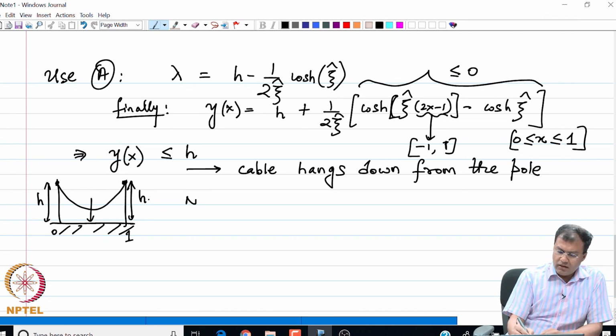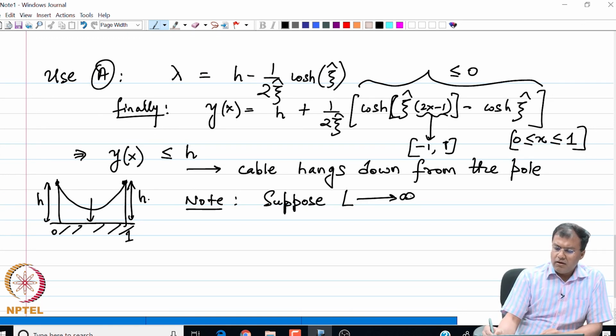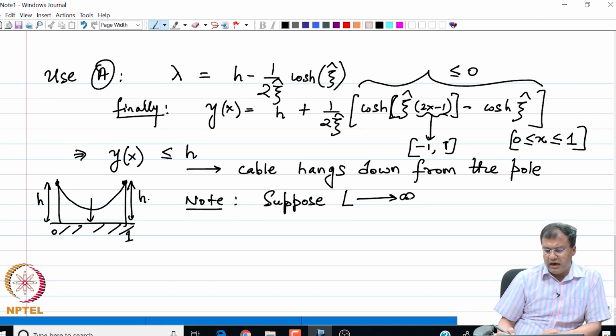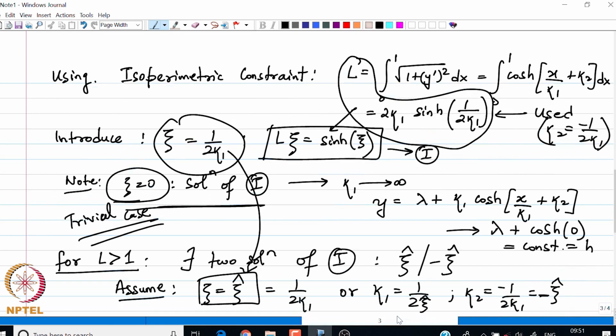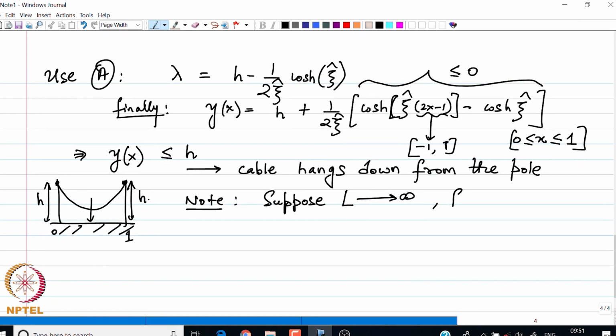Now, further, note that if my L is very large, suppose my L is very long, for an extremely long cable, the solution to this particular equation 1 will give some erroneous result. So if L is very large, from 1 I see that xi goes to infinity, or kappa 1.